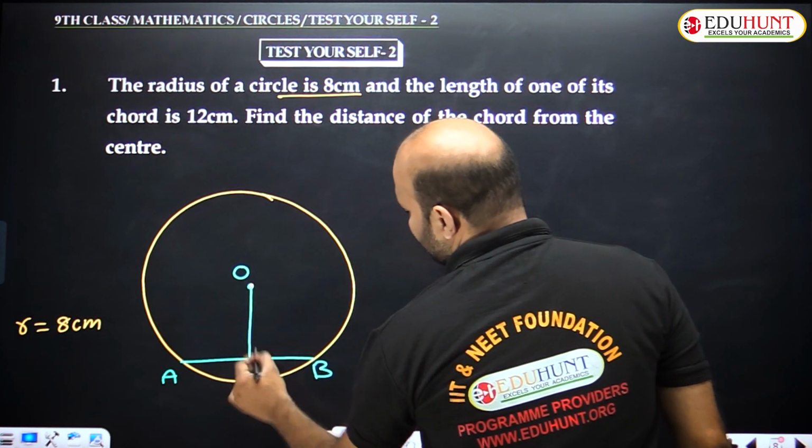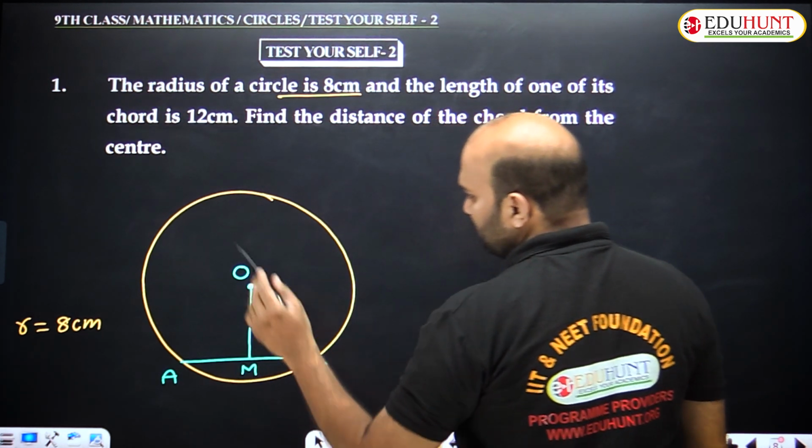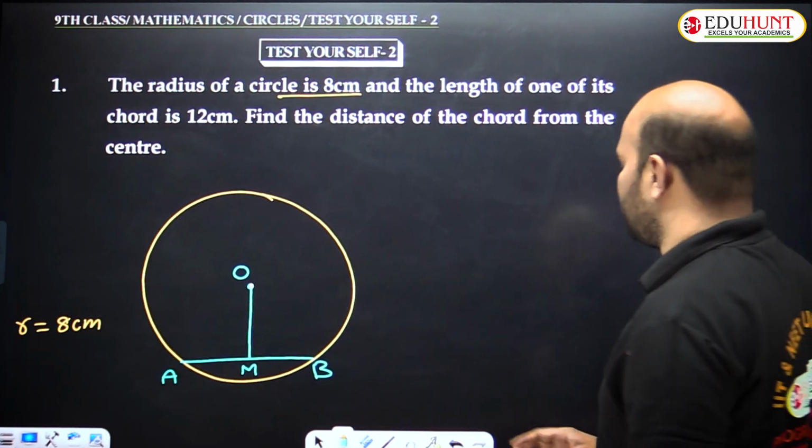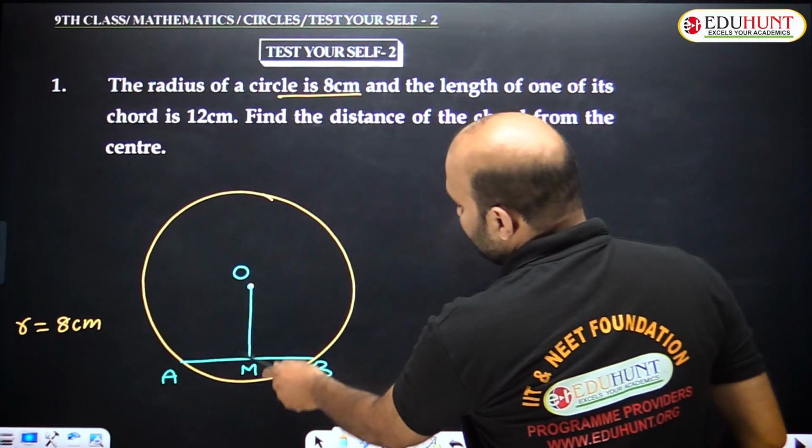So this is M. We already explained the theorems. We know that the perpendicular from the center to the chord bisects the chord.